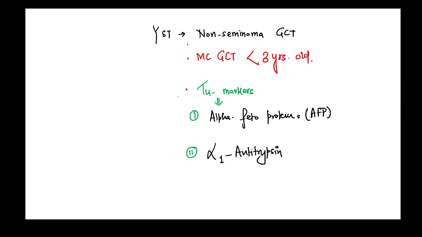These are the two important tumor markers. Non-seminomatous, most common germ cell tumor in less than 3-year-old, and two important tumor markers, alpha 1 antitrypsin and alpha fetoprotein, right? And these are malignant tumors of the testis. So please remember, yolk sac tumor is a malignant tumor of the testis.